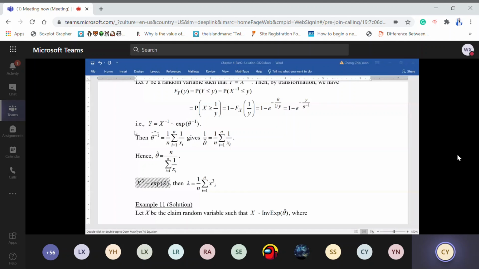Let's say now my x cube is exponentially distributed with the parameter lambda, so then this becomes lambda equal to this. You just follow the pattern. I hope you understand. Because the lambda actually is just data, the x cube, in fact, is just y. Okay, so you follow the pattern. Please follow the pattern. So here, I hope you understand what I try to explain.